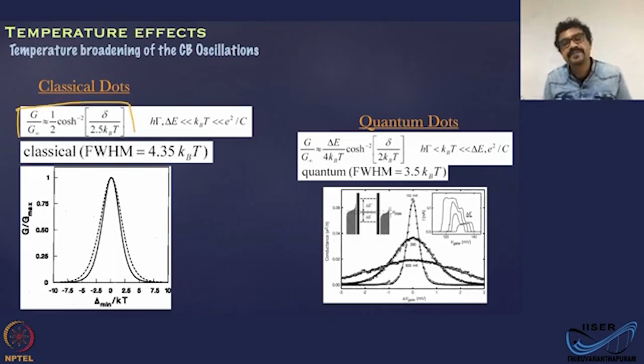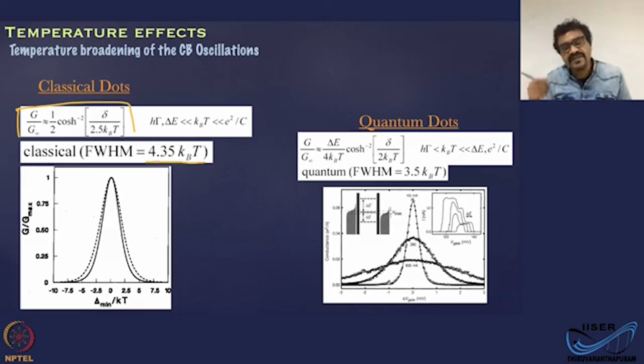Okay. Here, the full width at half maximum is 0.35 kT. So what we are seeing is the full width at half maximum, or the peak width or the peak shape, depends mostly on the temperature here.